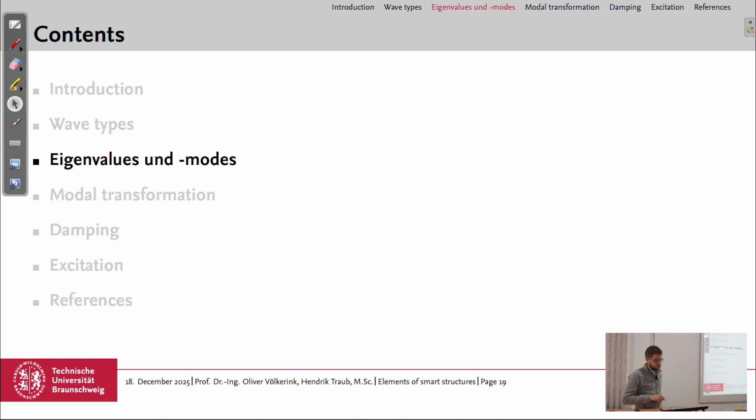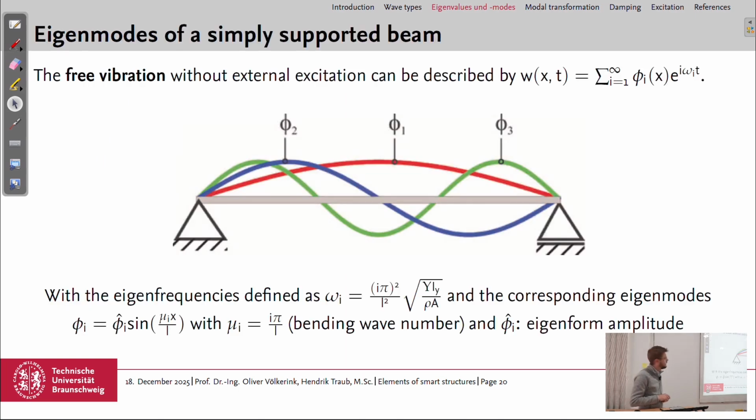So, coming now to eigenvalues and modes. If we look at a simply supported beam, then we can describe the solution here from the external excitation of the free vibration with the sum of the waveform times the oscillation in time, and the sum from 1 to infinity describes the overall behavior.